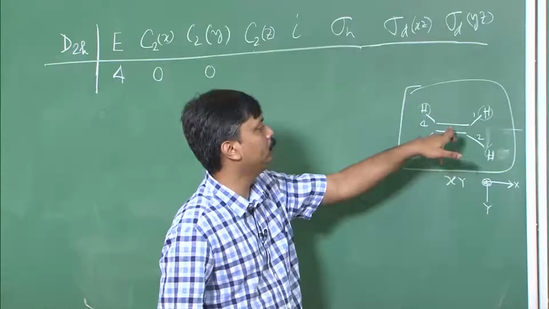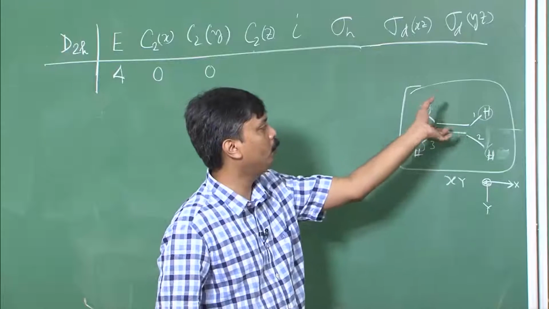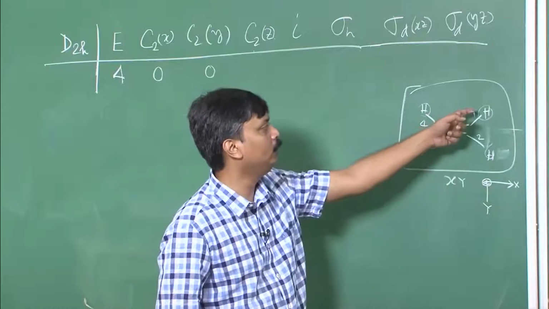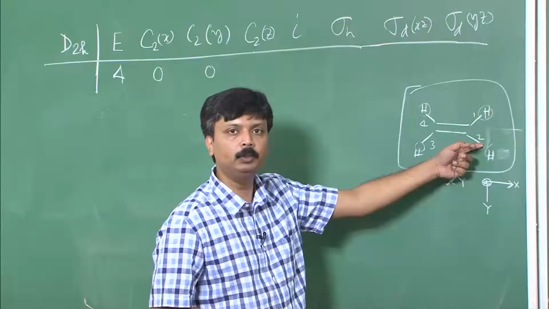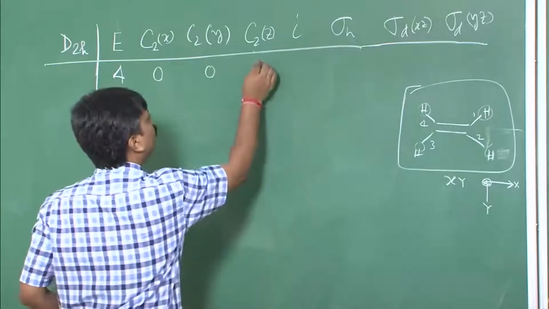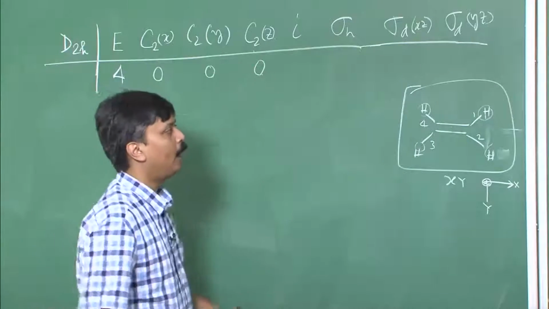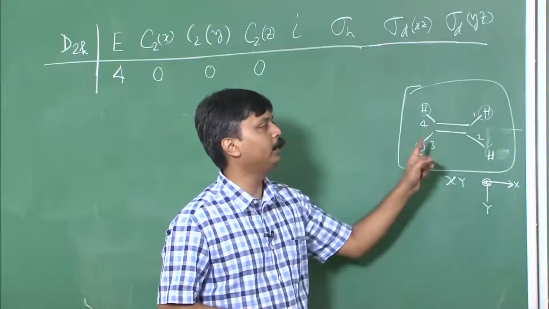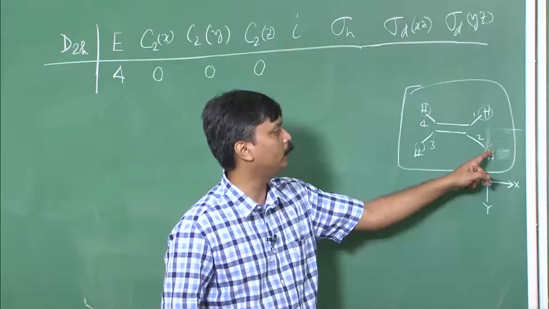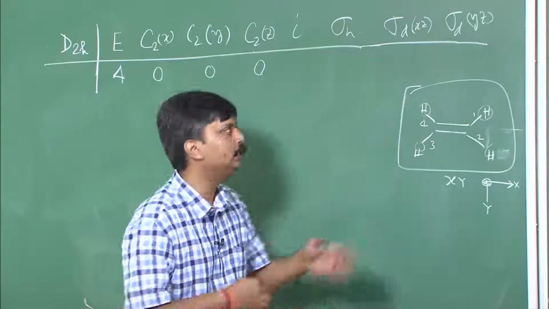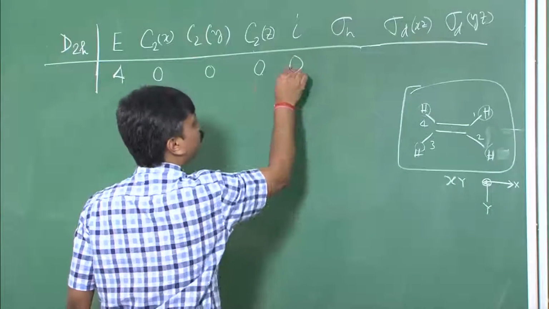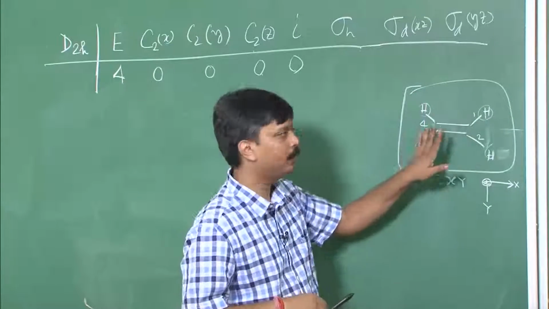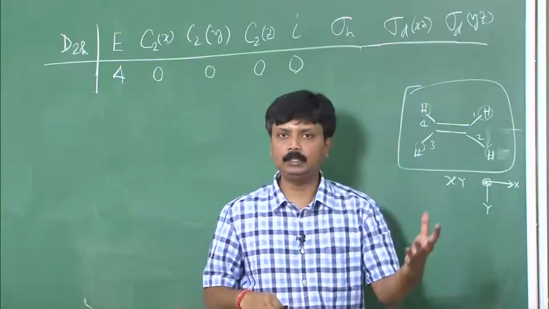And C2z, that will rotate the molecule 180 degrees about the z axis. So none of the basis functions will stay in their place. 1 will come here, 3 will go here, and this one will come here and 2 will go here. So there is no unshifted atom, so that will also contribute 0. Now sigma h is nothing but the sigma xy, correct? The 1s orbital is spherically symmetrical, right?